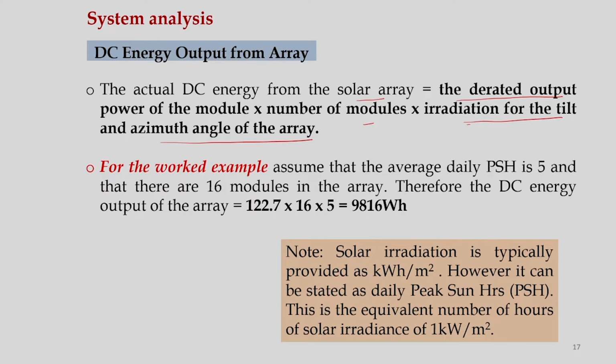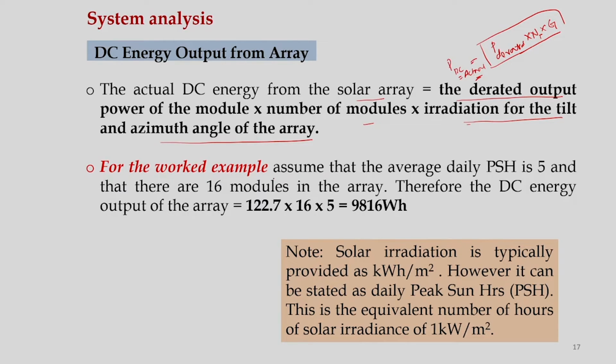So this is P derated multiplied by the total number of modules, then Z, which may be the irradiance, or you can write it as I. So this is something like the actual P DC.